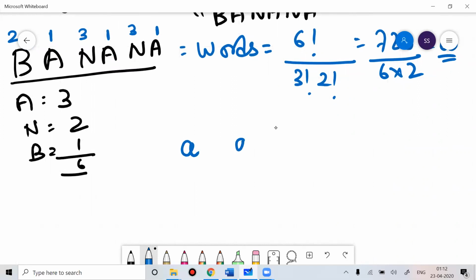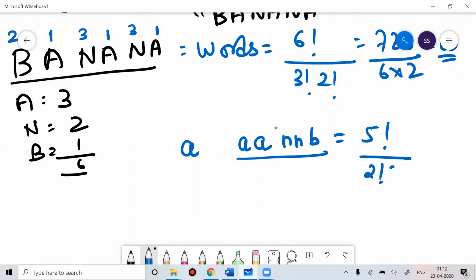So with A, how many can you make? 6 letters. Then with A, 2 A's, 2 N's, and B, this is 5 factorial by 2 factorial, 2 factorial. So 120 by 4 means 30.